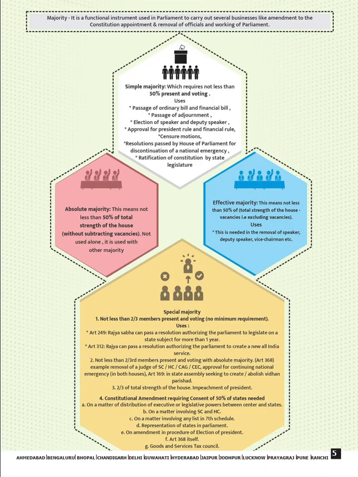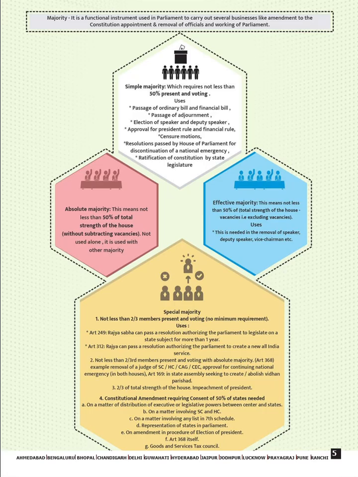It is used for the passage of an ordinary bill and financial bill, passage of an adjournment motion, election of the Speaker and Deputy Speaker, approval for President's rule and financial emergency, censure motion, a resolution passed by a House of Parliament for discontinuation of national emergency, and ratification of constitutional amendments by the state legislature.